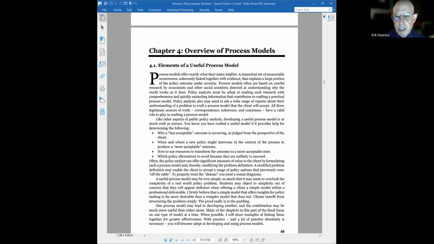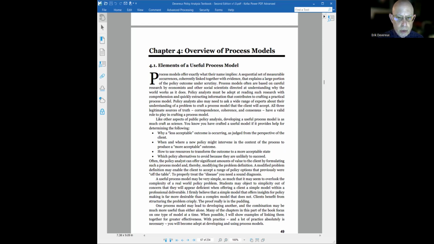Because it uses all the examples and methods that are in the book, I just skipped over that. And the reader, of course, can go back and look at that. And again, there is a link to the book online, which is available to you for free in the description of this video. So now let's start talking about process models and everything that's involved with process models.